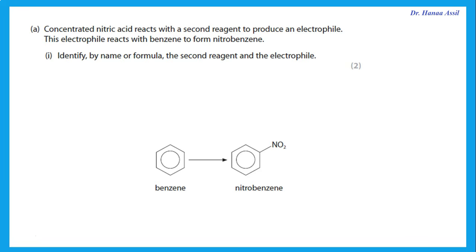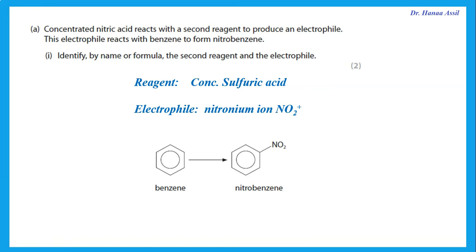So we are told that the first step in the synthesis is we're trying to form nitrobenzene from benzene. What do we react with benzene to give nitrobenzene? We're going to react concentrated nitric acid and concentrated sulfuric acid, because when they react, they form the electrophile, and the electrophile here is the nitronium ion, or the NO2+.